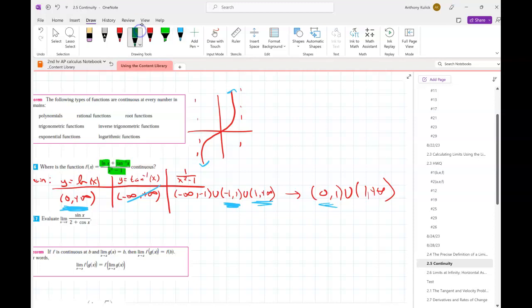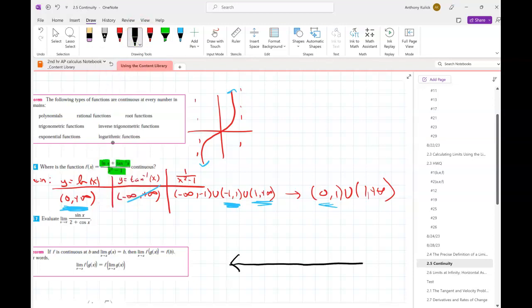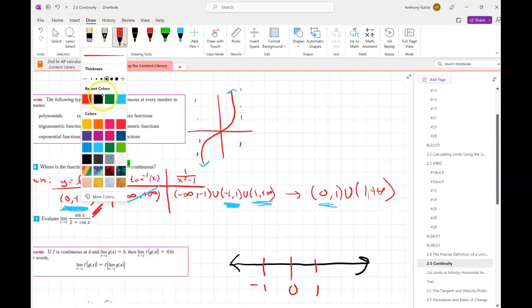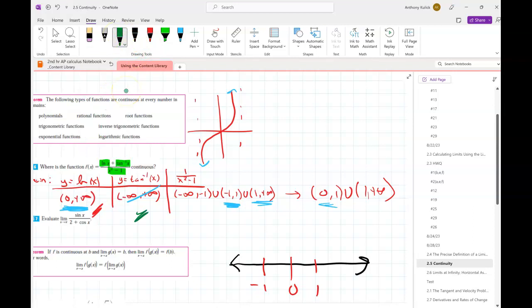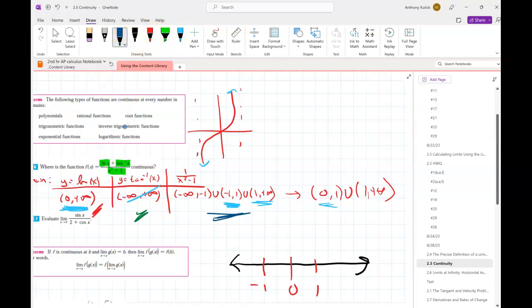Okay. So if you're confused, this is what you should do. Number line. So 0, well, let's say -1, 0, 1. We'll color code this. This will be red. This will be green. And then this will be blue.